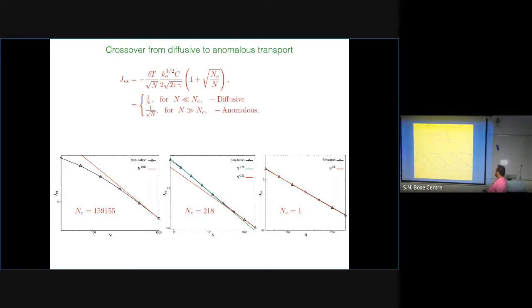Where nc is very large, that means you only have diffusive, where I see diffusive scaling. I tried to choose an nc in between. Here it did not actually reach the final 1 over n. It was trying to go there, and then it got affected by the anomalous terms and changed. So you have to have a very large nc so that this exponent reaches 1 and then goes to 0.5. But that is very difficult to demonstrate.